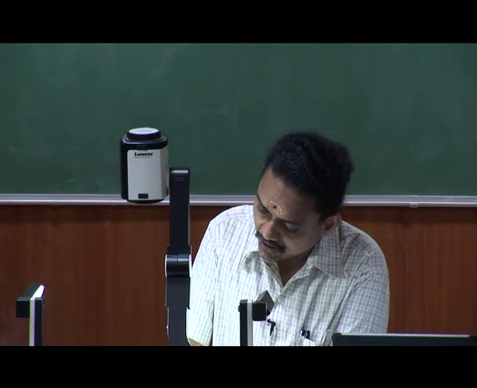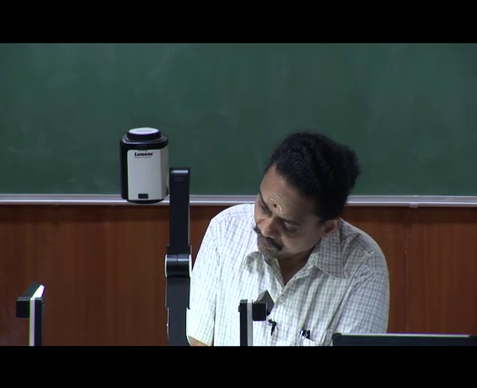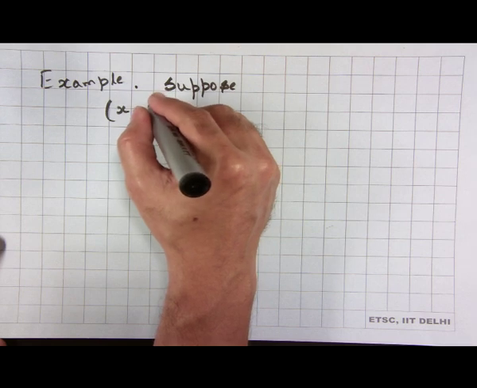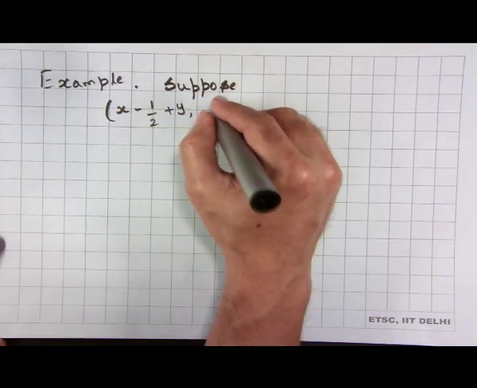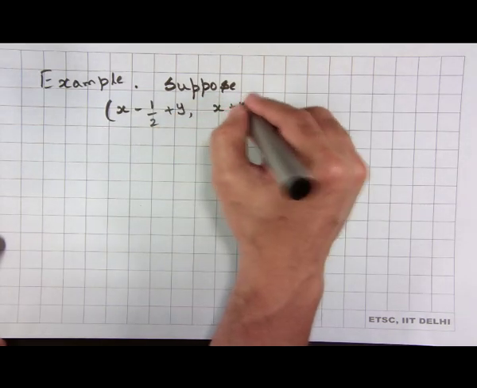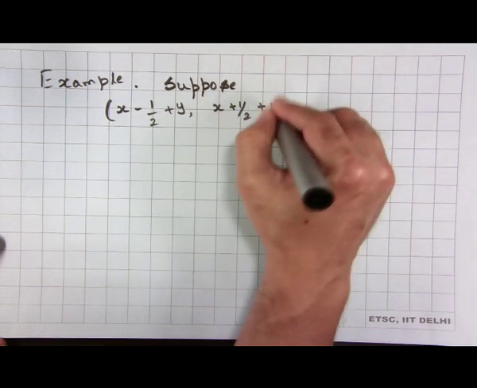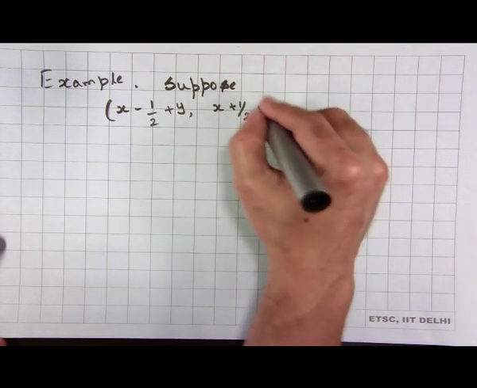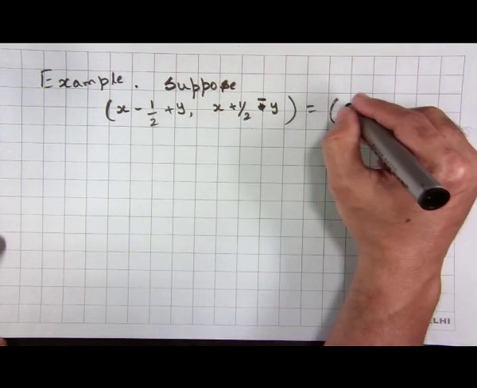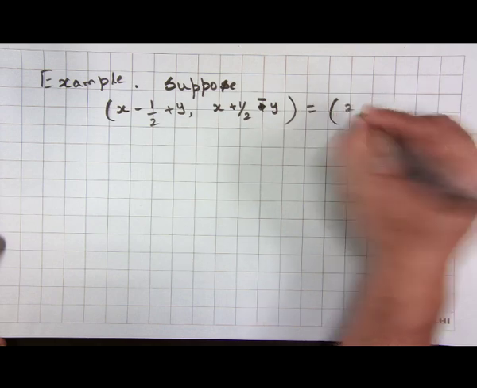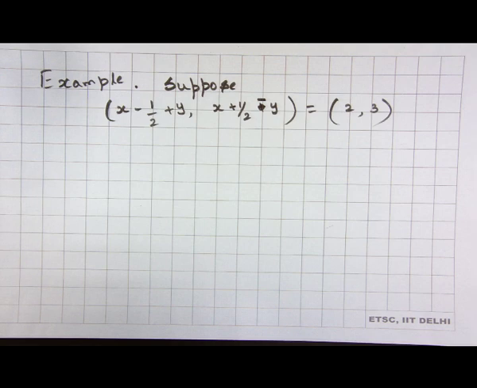So, let us look at an example or a problem. Suppose (x minus half plus y, x plus half minus y) is equal to (2, 3).